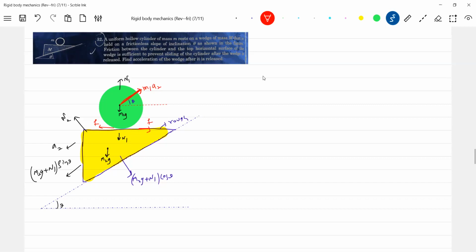This is a rolling friction. I think these are the free body diagrams we must have. Let the acceleration of the center of mass with respect to the wedge be AR, and it will have alpha. Let me write everything relative. We'll write the equations of motion first. We'll see what we can do further.